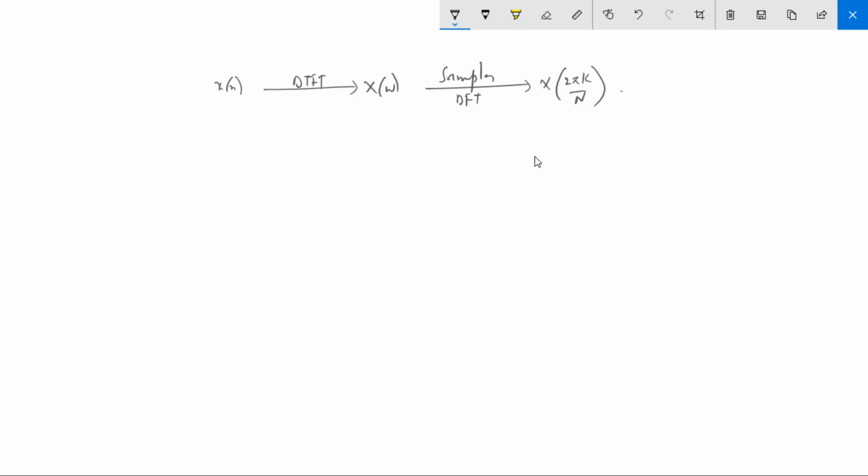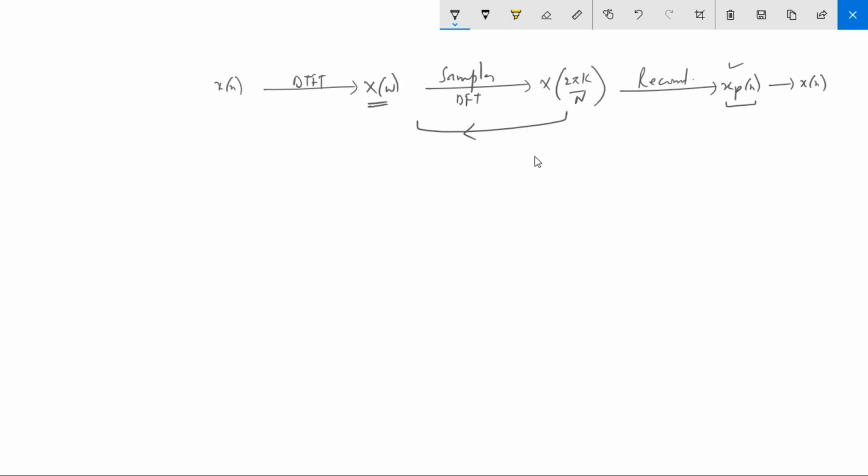From X(2 pi k by N), when you reconstruct it you get xp(n), and from xp(n) you generate x(n) by just taking the N samples of xp(n). Okay, now we will show how you can get X(omega) back from the samples of X(omega) directly.